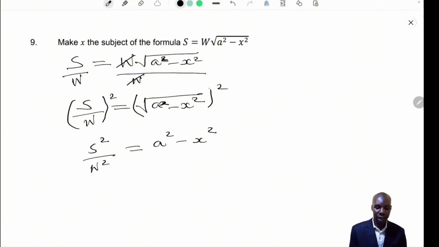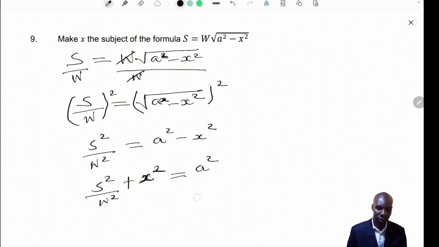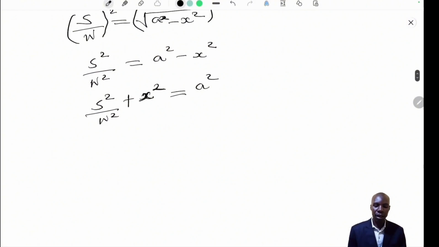Our aim is to make x the subject of the formula. So if we bring x to the left-hand side, we'll have s squared over w squared plus x squared should be equal to a squared. So we now have x on the left-hand side.